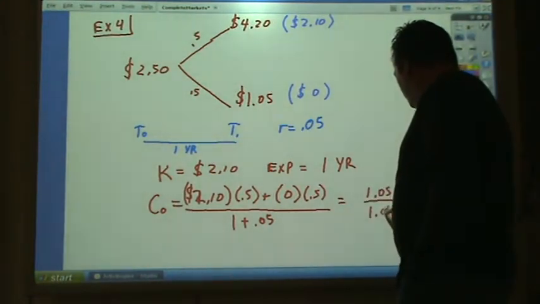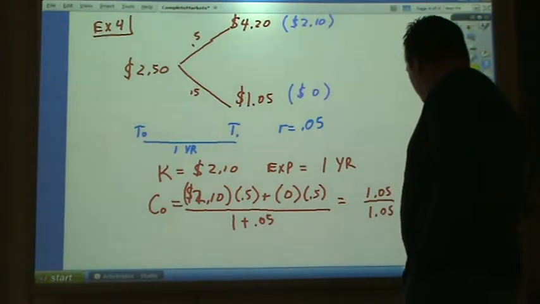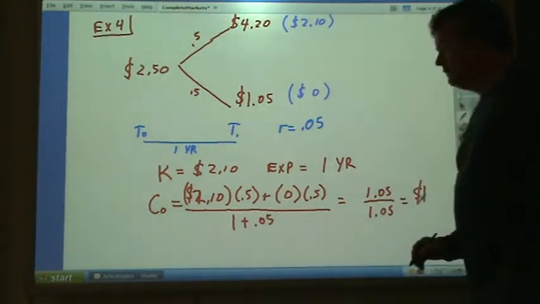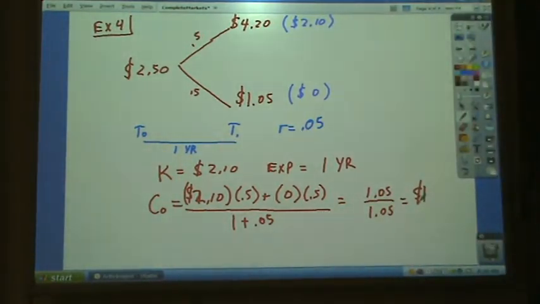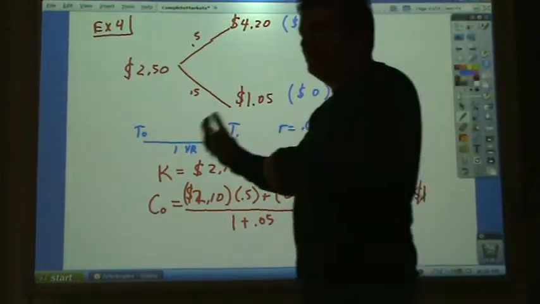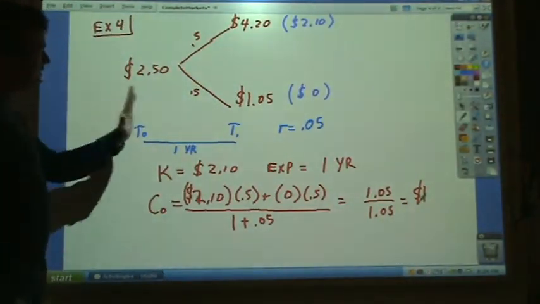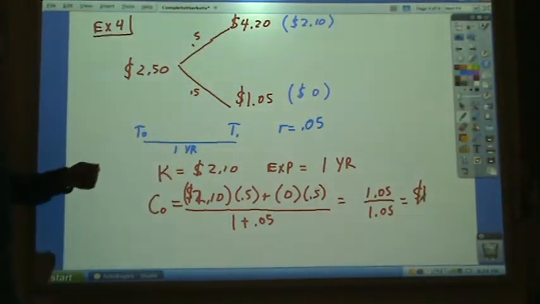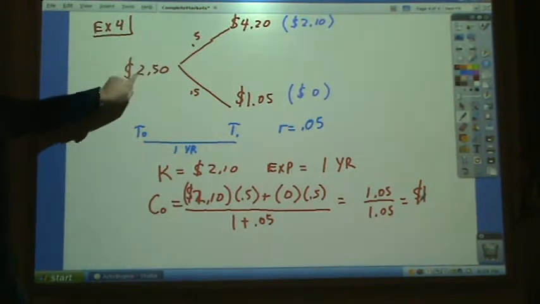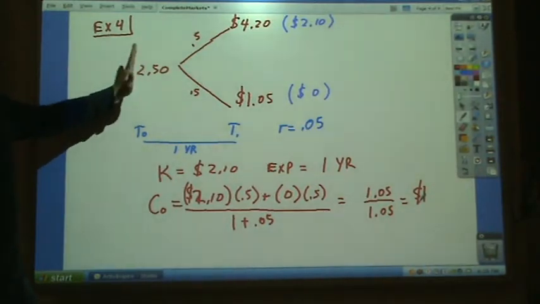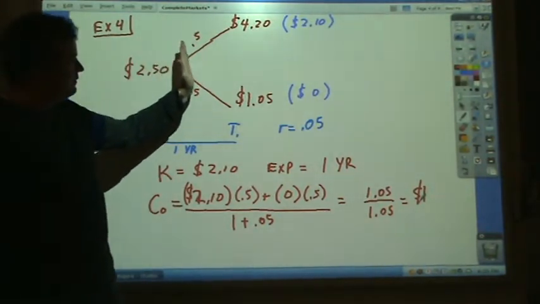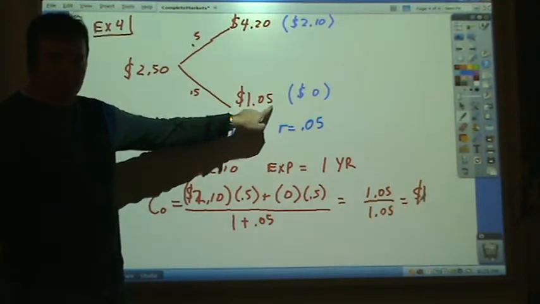Divided by 1.05 equals $1. That makes sense? So really, it's kind of like I keep asking the same question over and over. This is the same question with interest tacked on. Forgetting about what this number is originally, 1 year from now, it's either going to be worth $4.20 or $1.05.